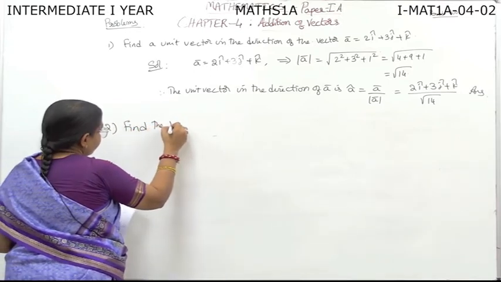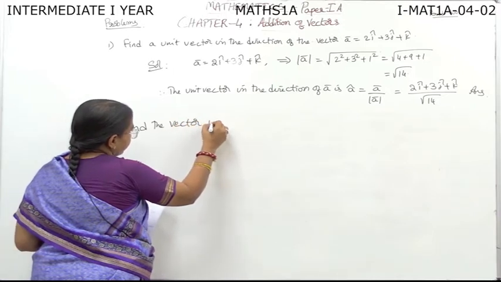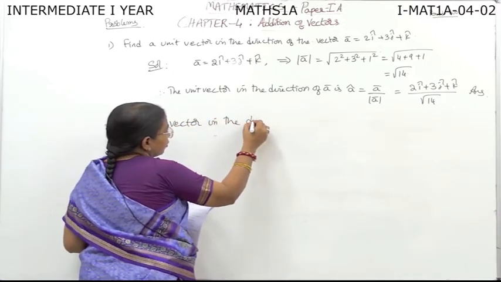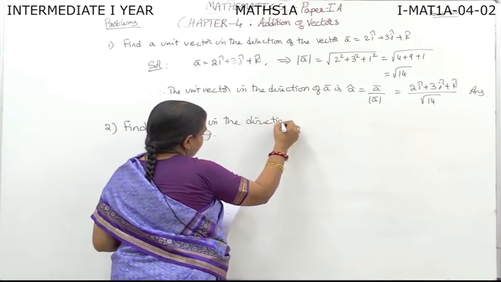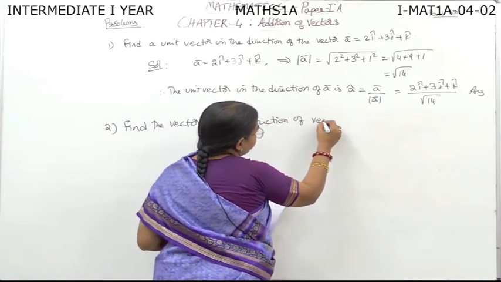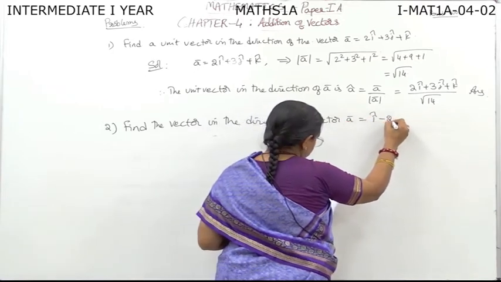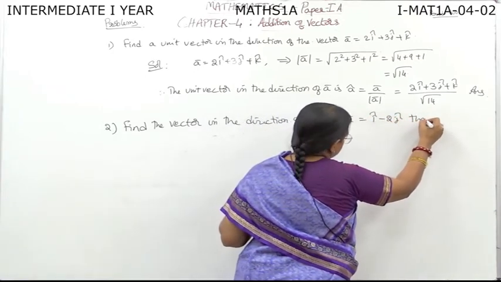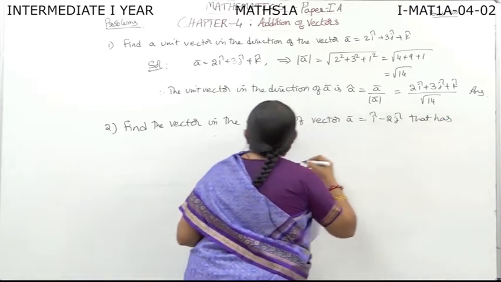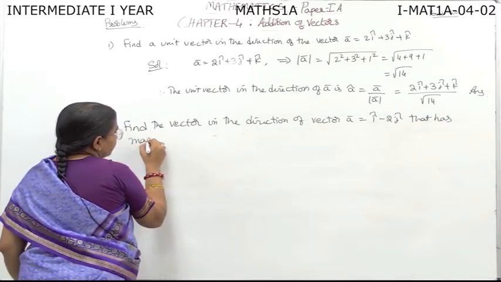The next problem is find a vector in the direction of the vector A is equal to i minus 2j that has magnitude 7 units.